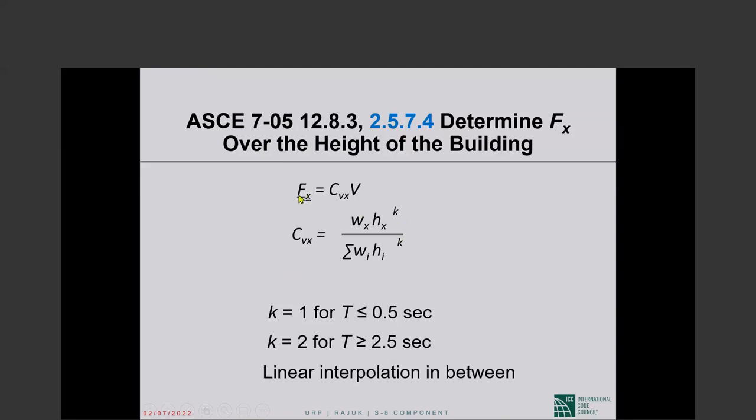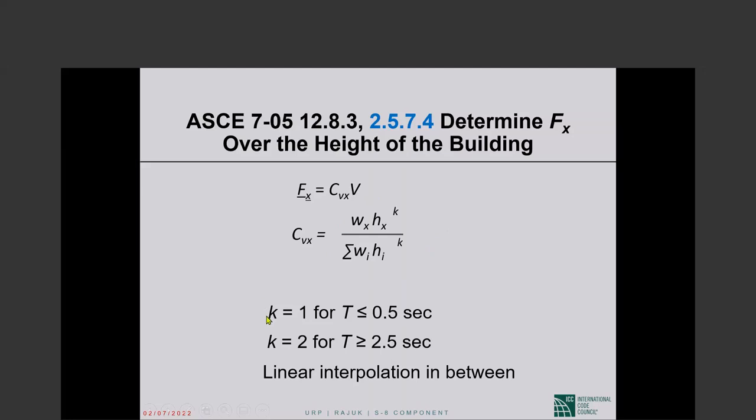The lateral force at floor level X, which is denoted by capital F sub X, is a coefficient times the design base shear V, and the coefficient is given by this equation. W sub X is the seismic weight at floor level X. H sub X is the height of floor level X above the base.